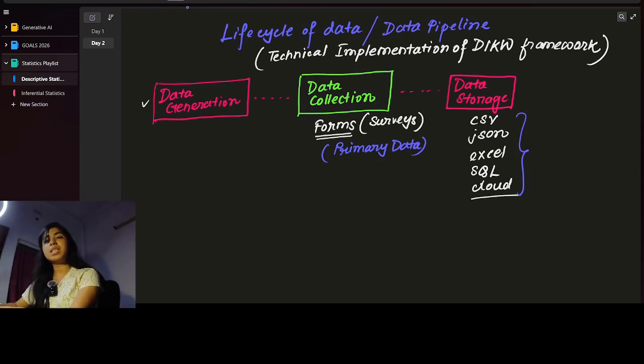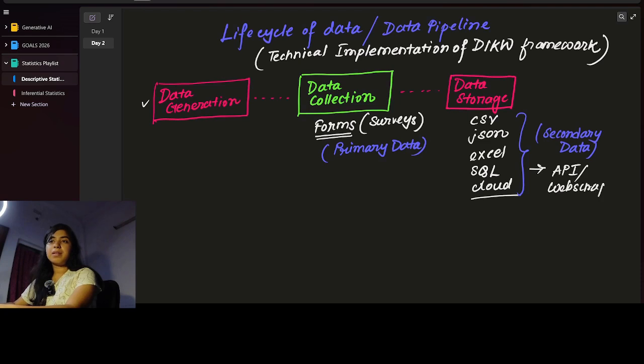We are just using them as a third party. So this type of data is considered secondary data. We can access this kind of secondary data through APIs or by web scraping. We can directly use it.